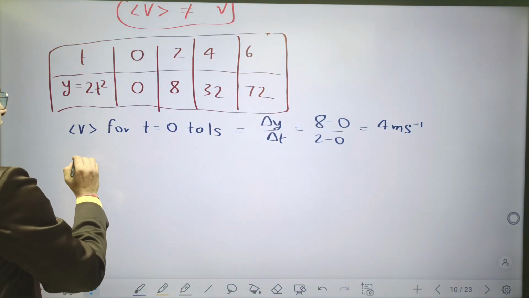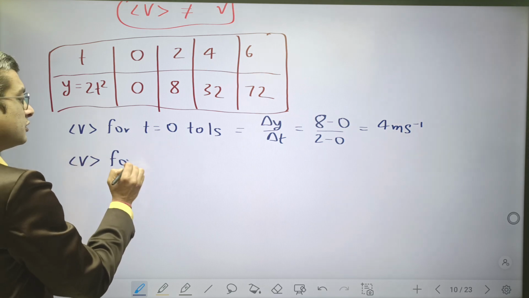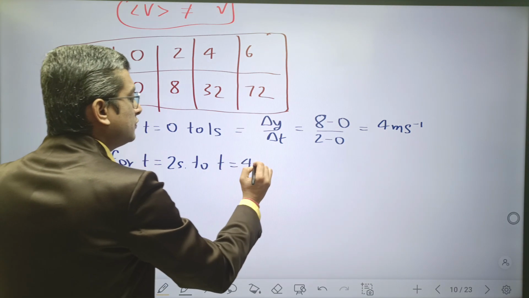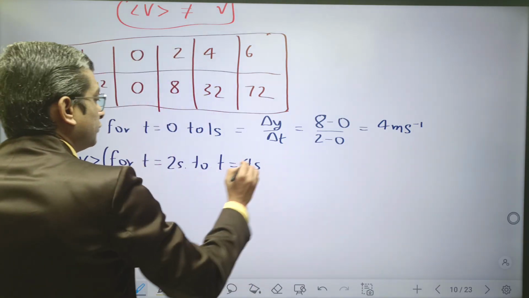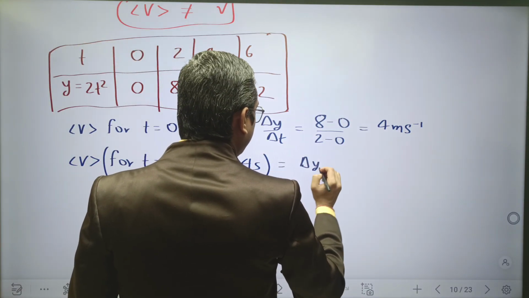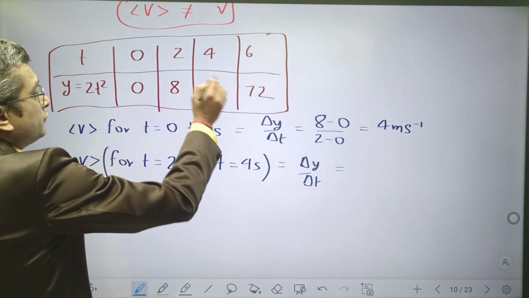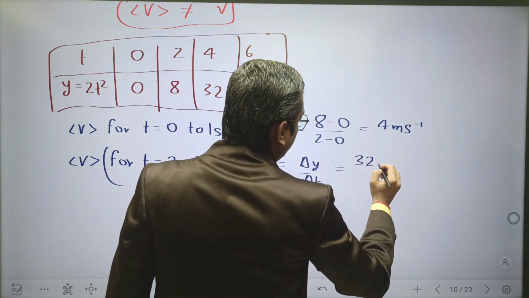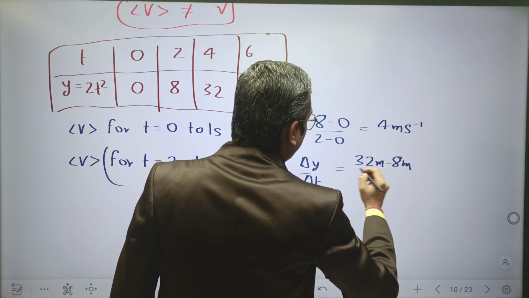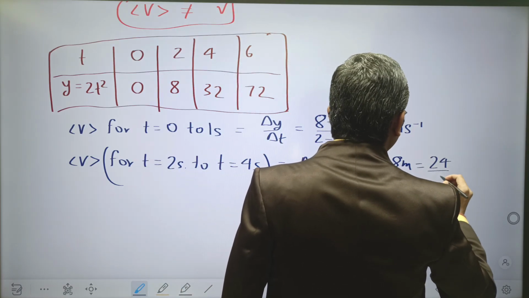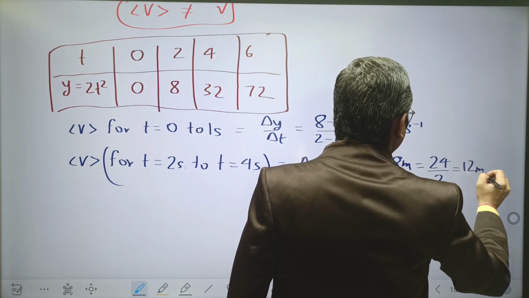Now the average velocity for t equal to 2 seconds to t equal to 4 seconds is again delta y by delta t, the average rate of change in position. For 2 to 4 seconds, the change in position is 32 meters minus 8 meters, and the time is 4 seconds minus 2 seconds. So this is 24 by 2, that is 12 meter per second.